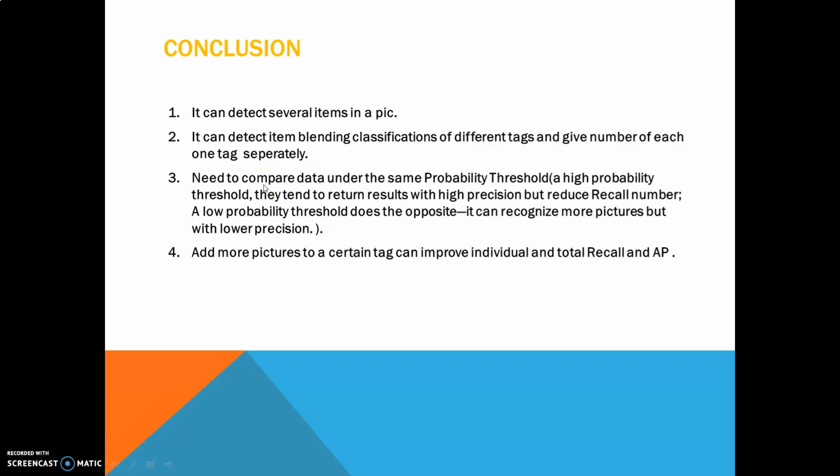Like just now, a chair that looks like a couch, so both tags give a high score. The third one is that we need to compare data under the same probability threshold. The last is that adding more features to a certain tag can improve individual and total recall and AP.